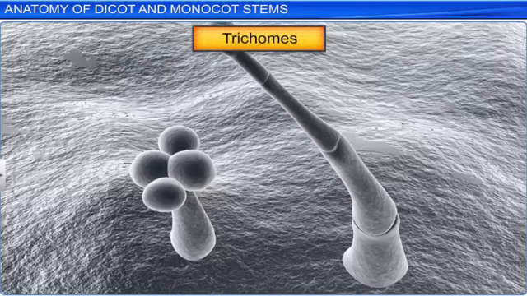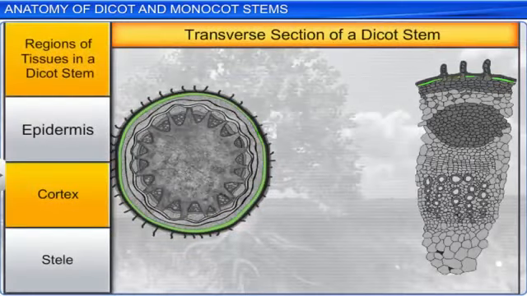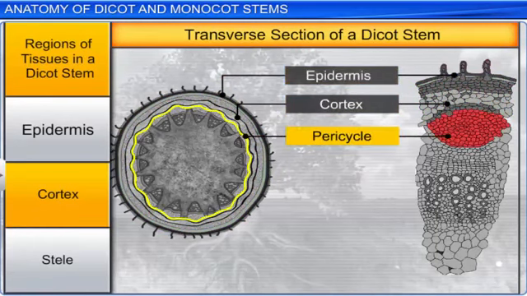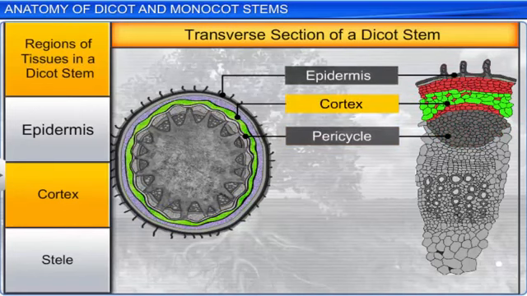The next region of a dicot stem is the cortex. It lies between the epidermis and the pericycle and consists of multiple layers of cells. The main function of this region is storage of food material.